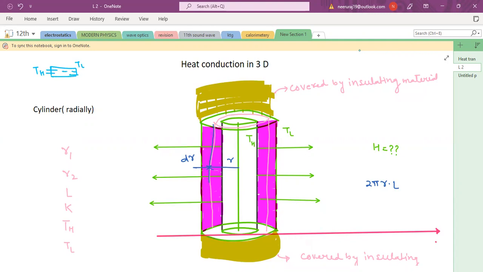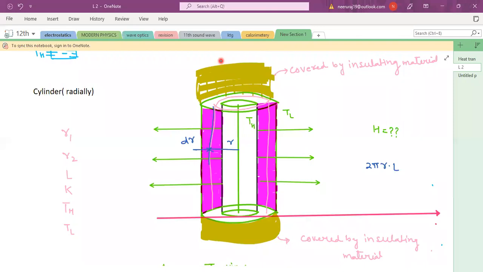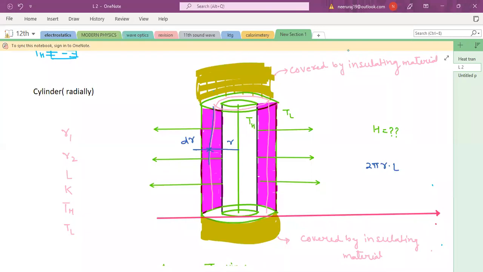So what is the numerical this time? So we have this cylinder. So this is the cylinder, and cylinder specification is inner radius of the cylinder is R1, outer radius of the cylinder is R2, length of the cylinder is L, and between these R1 and R2 we have filled a material, right?